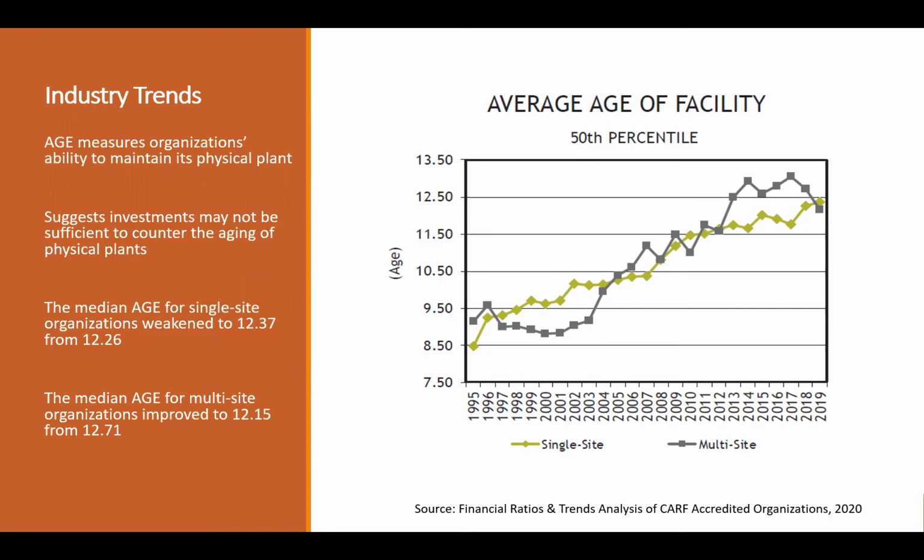So I think depending on an organization's ability to have completed significant projects over the last couple of years, given everything going on, it isn't uncommon that the average age of physical plant might creep up.